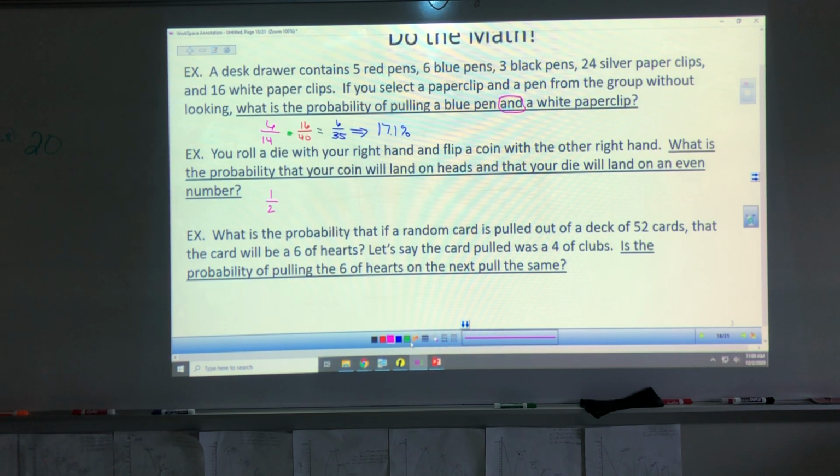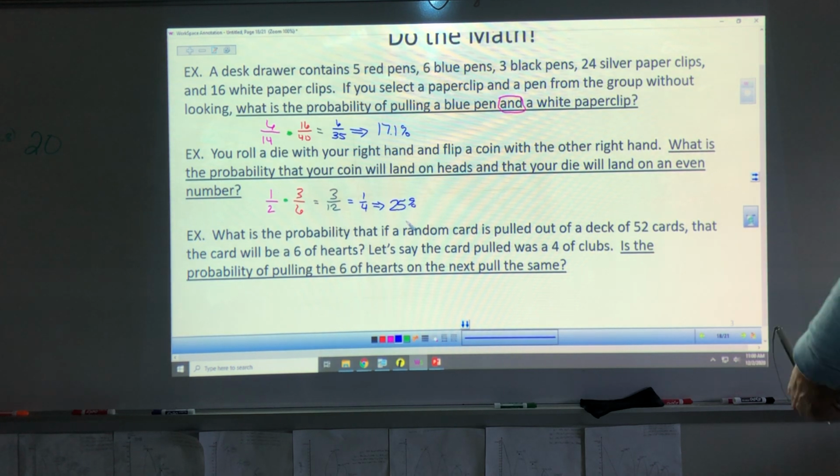And then we're going to multiply to that the die roll. The die roll, even numbers, is 3 out of 6. Hopefully you won't need your calculator to do this math here. I don't know, some of you might. That would be 3 over 12. And 3 over 12 is a reducible fraction of 1/4. And hopefully you know that 1/4 is 25%.